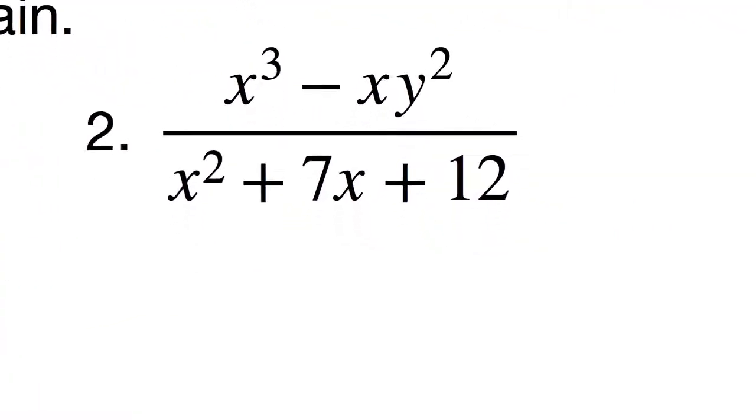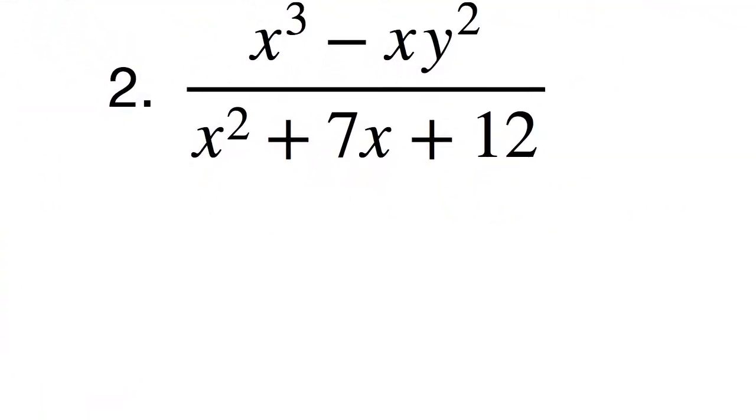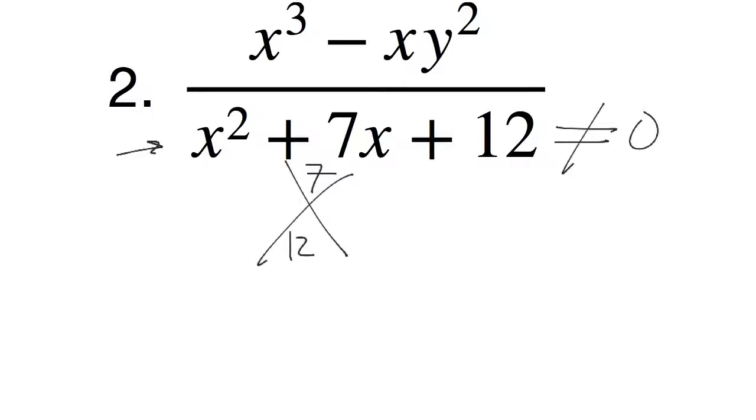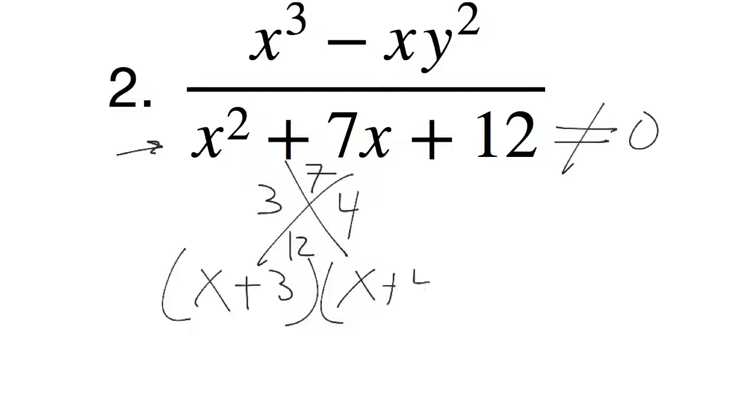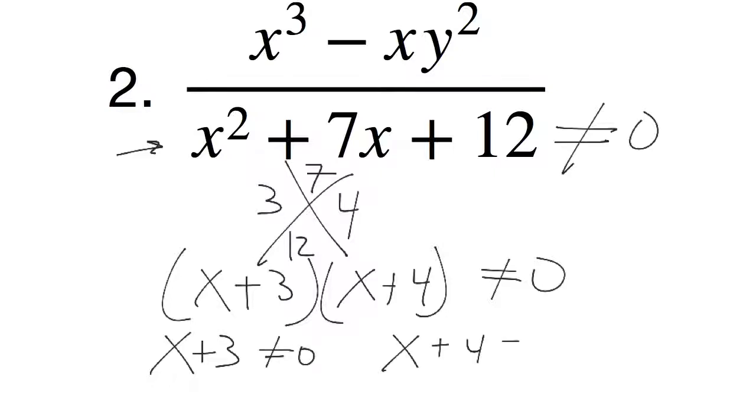Let's do that again. Here, we have to make sure that this is not equal to 0. So therefore, let's factor it. What two numbers add up to 7 and multiply up to 12? That's 3 and 4. So you got x plus 3 times x plus 4 should not equal 0. We get x plus 3 should not equal 0, and x plus 4 should not equal 0.